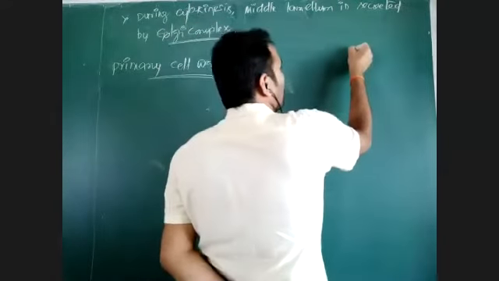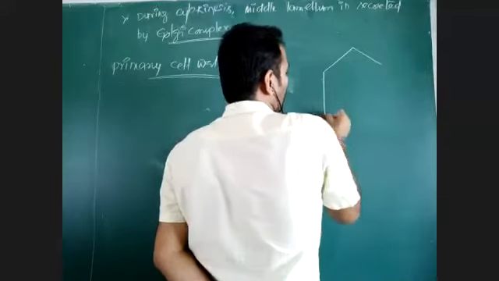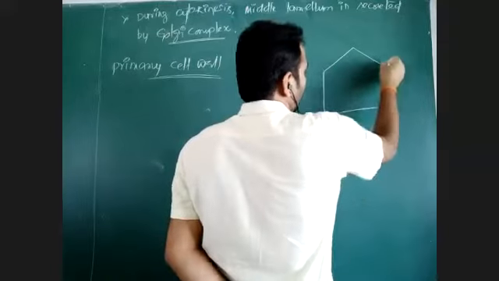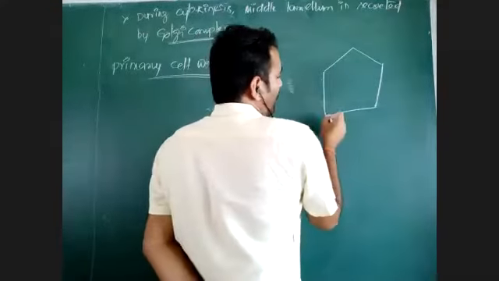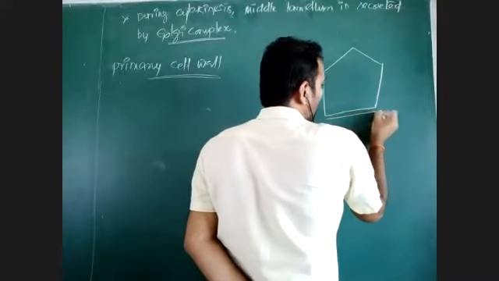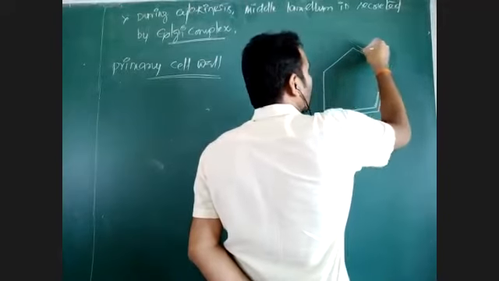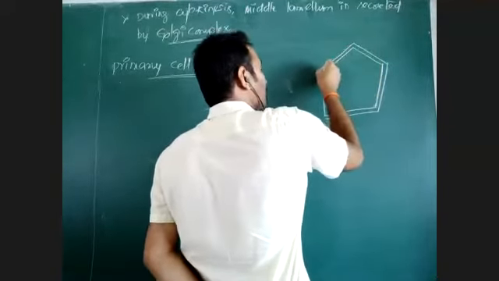Draw the structure of the cell wall so that you can understand well. Suppose this is a cell. That cell has a cell wall, divided into three layers. The innermost layer of the cell wall is called the tertiary layer.